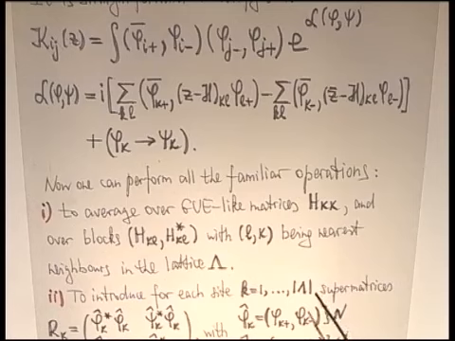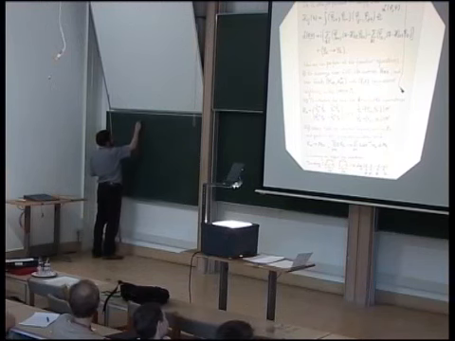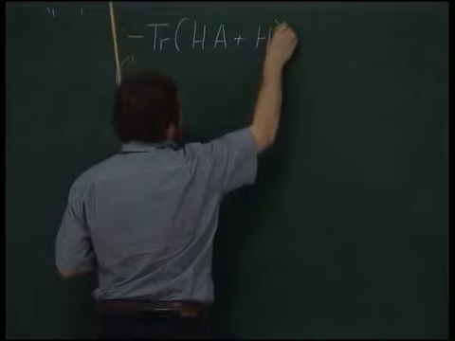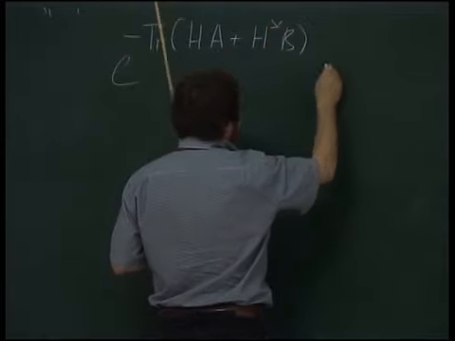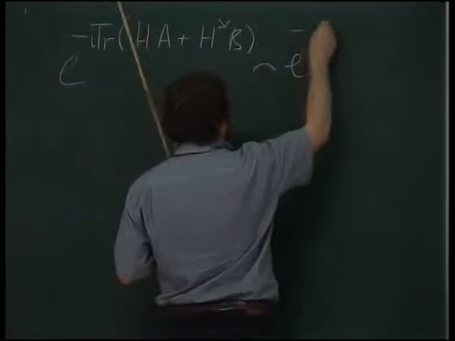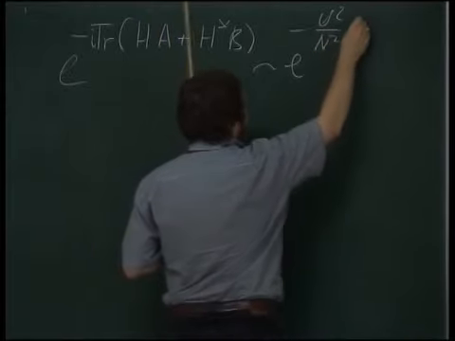Then we also average over Gaussian distributions of entries which were off diagonal. I recall you that we had this kind of identity, something of this sort. If I remember correctly, it will be minus v squared divided by n squared trace of AB.